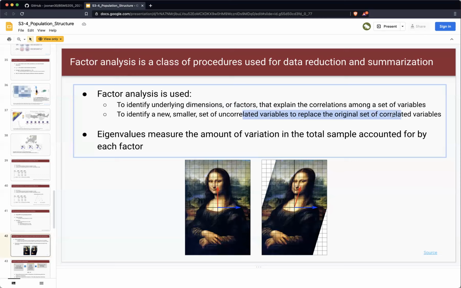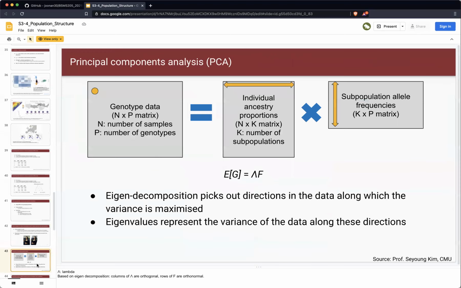So if you're looking at a certain data set, and you want to find the direction, or some certain dimension to explain the differences between individuals, in that case you use factor analysis, right? One of the examples of factor analysis is the PCA, which is the principal component analysis.